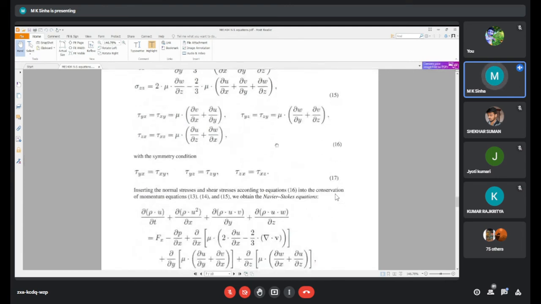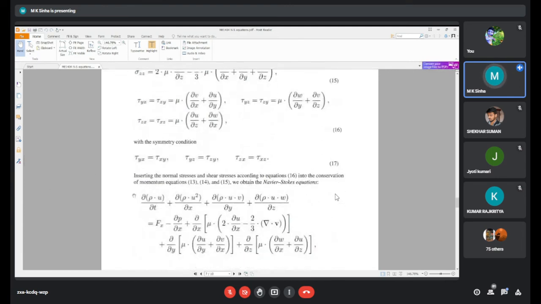So the left side remains the same: del/dt of rho u, this is the transient term, plus del/dx of rho u squared plus del/dy of rho u v plus del/dz of rho u w.